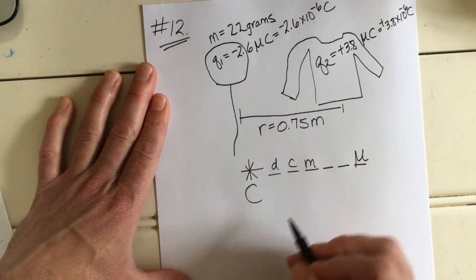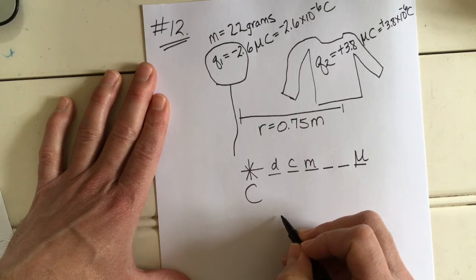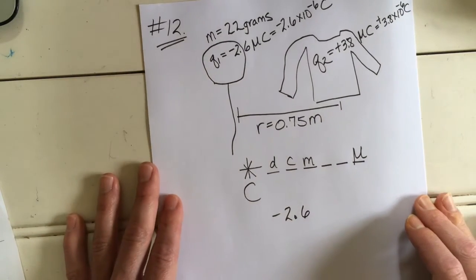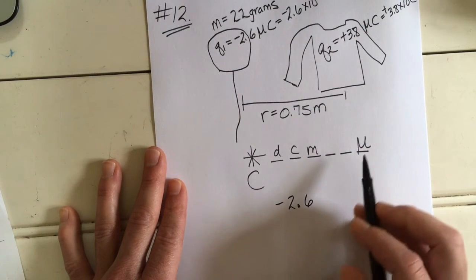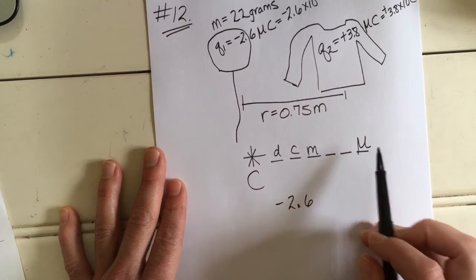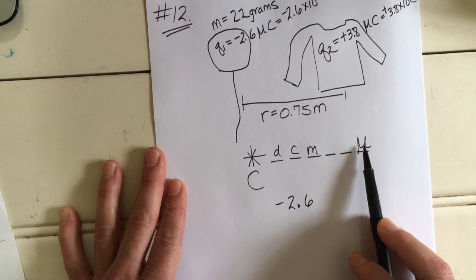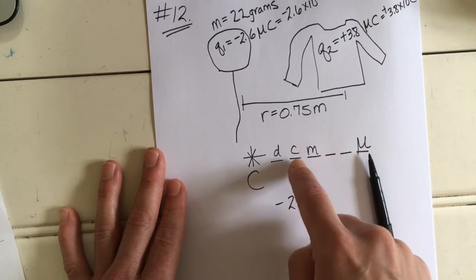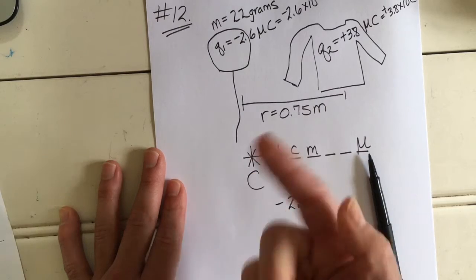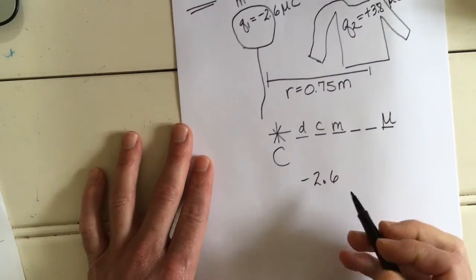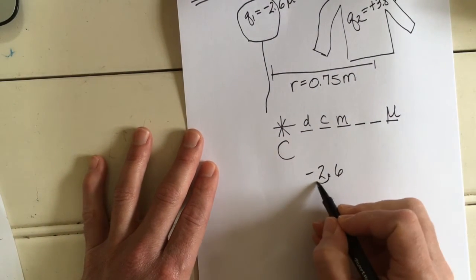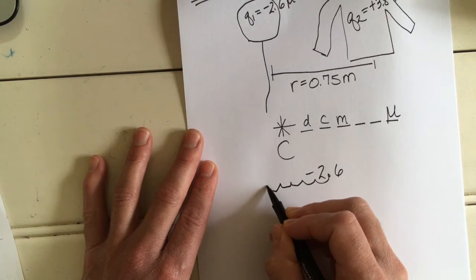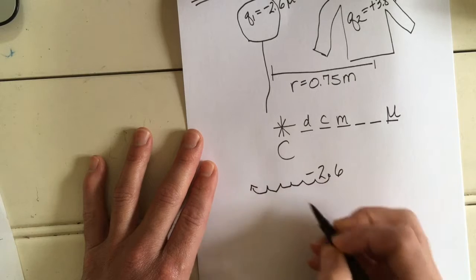So I can go ahead and show you this. For the first one, I had negative 2.6, and then I was starting at micro. So I'm going to start here and move my decimal 1, 2, 3, 4, 5, 6 to the left. So my decimal down here is going to go 1, 2, 3, 4, 5, 6 to the left like that.